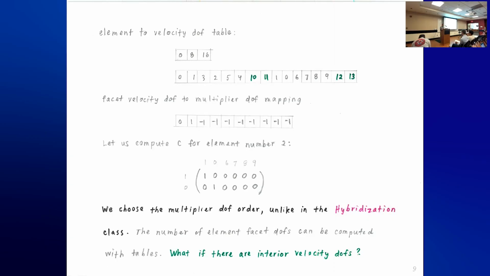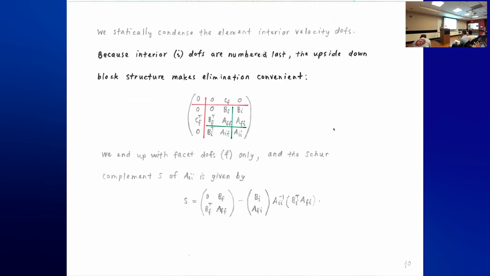The last thing is, what if there are interior velocity DOFs? I've highlighted them here, 10, 11, 12, 13. Well, we statically condense the element interior velocity DOFs. Because interior DOFs are numbered last, I learned that from a comment that Zanio had, deep down in some discussion, my upside down block structure makes elimination convenient.